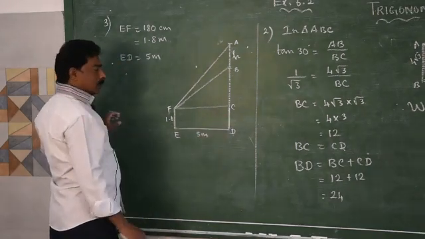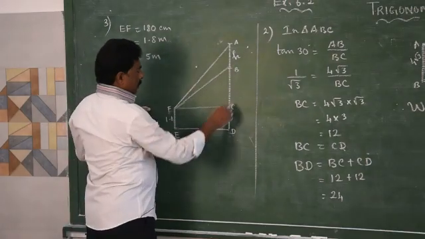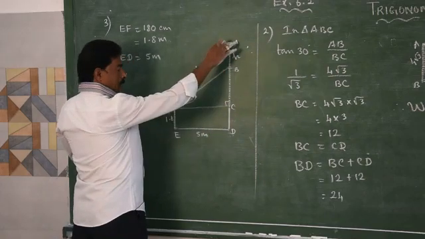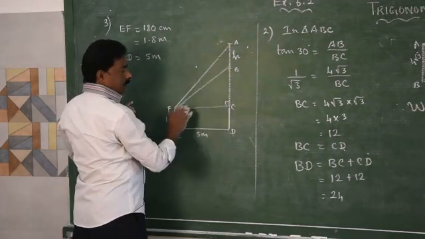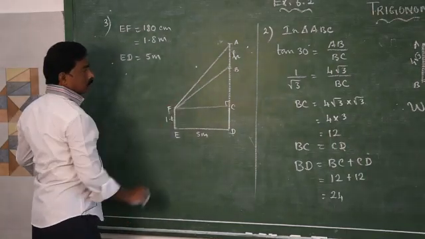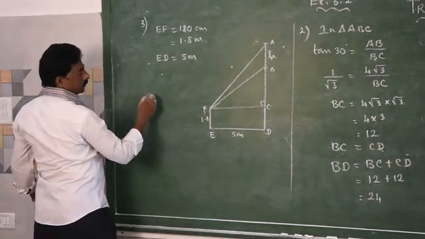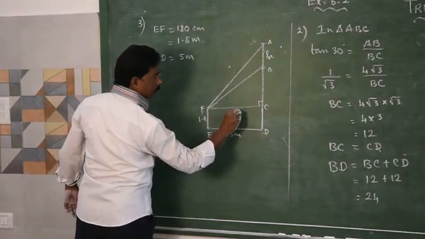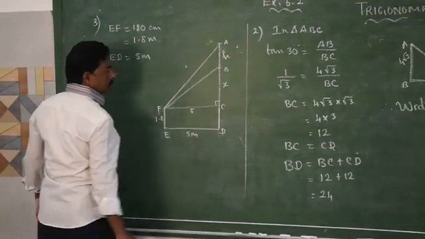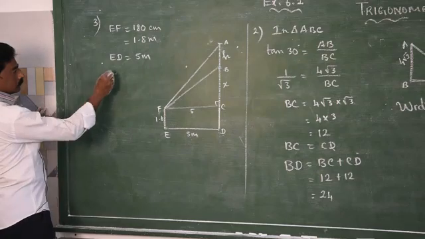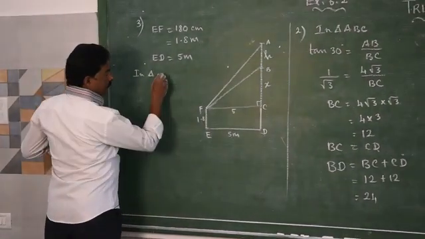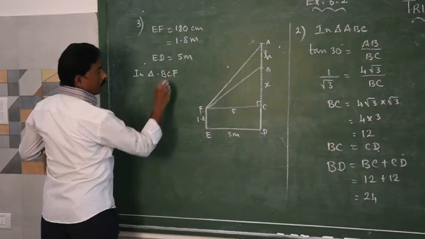Okay. Now, which are the two right triangles? AFC, BFC. These are the two right triangles. In the triangle, if it is 5, this also is 5. BC we do not know, we will consider as X. So, in triangle BCF, the angles are given.